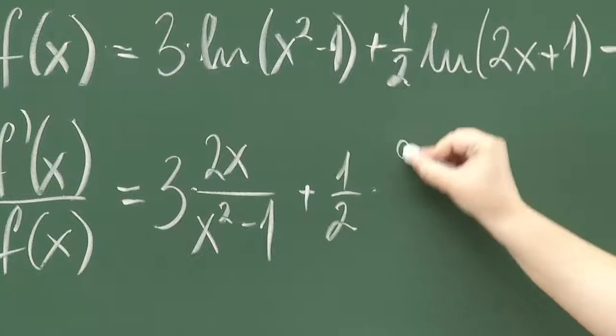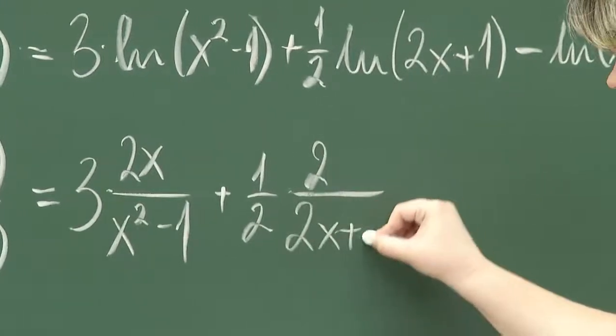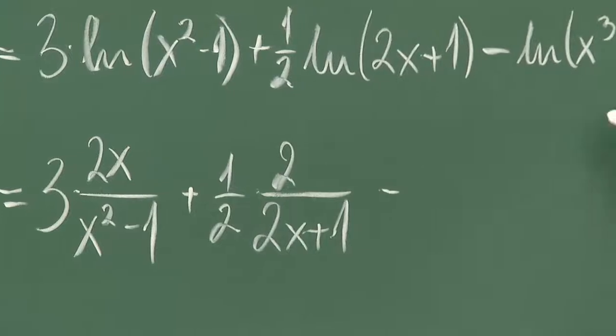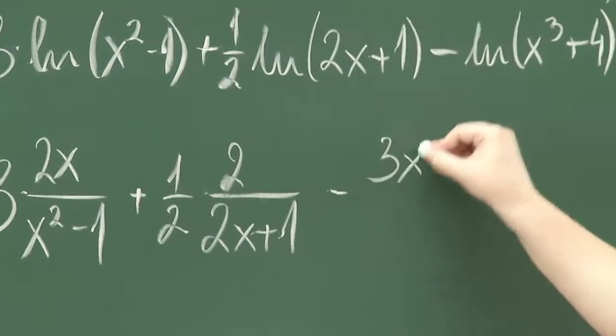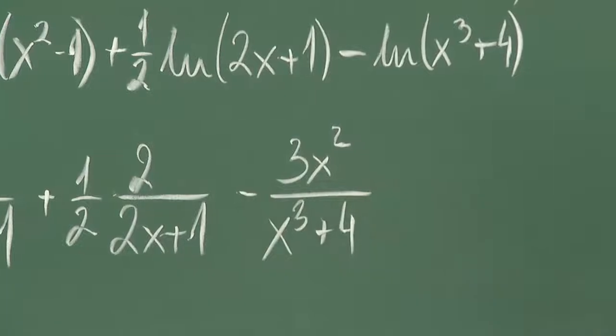The derivative of 2x plus 1 is 2, divided by 2x plus 1, minus the derivative of x cubed, which is 3x squared, divided by x cubed plus 4.